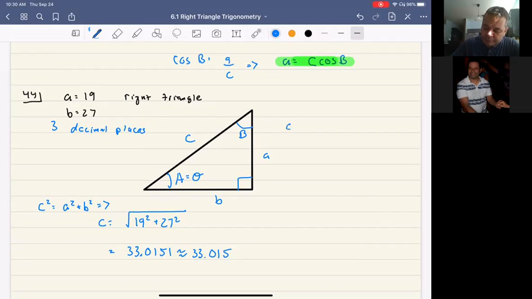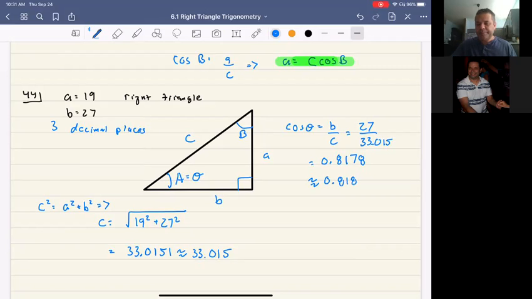So cosine theta is B over C, which is 27 over 33.015, which is 0.8178, which we approximate to 0.818.